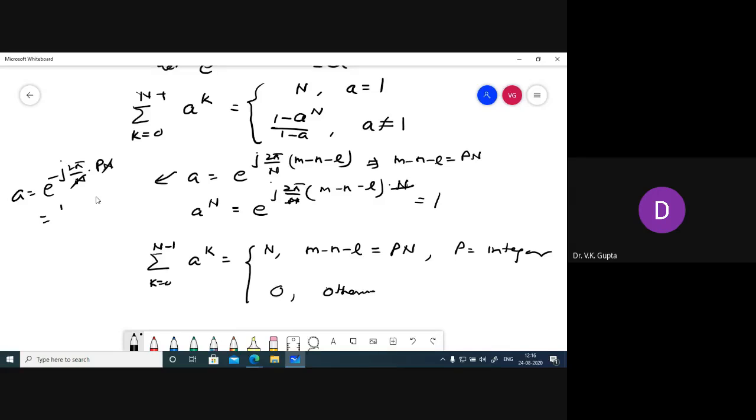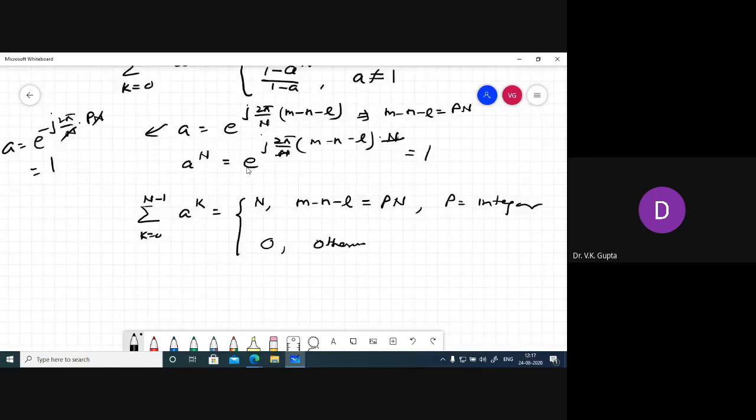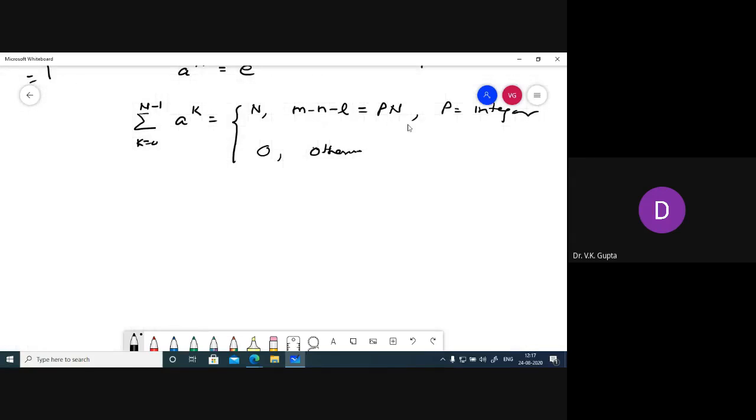Cos 2 pi p is 1, sin 2 pi p is 0. So a is equal to 1 when this quantity is an integer multiple of capital N, and then the sum is N, otherwise 0.